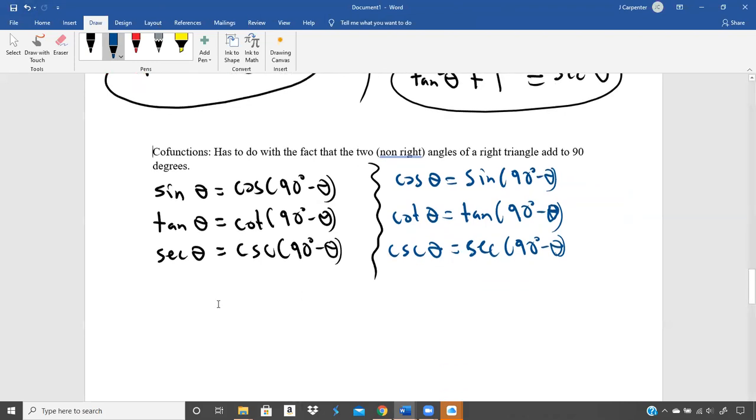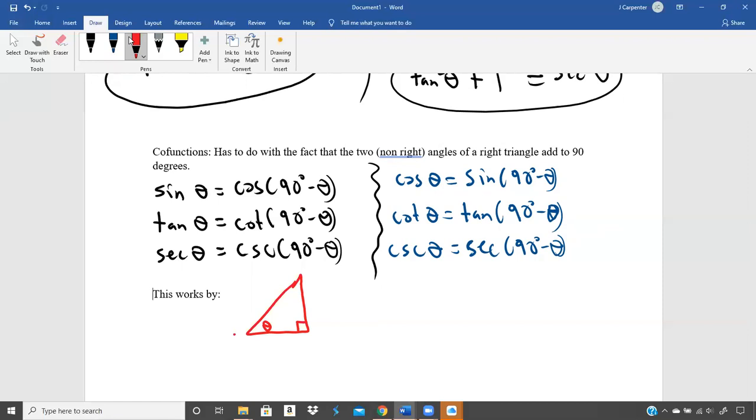So this works because of this basic idea. If this is a right triangle, let's call this angle theta, just to keep it appropriate.